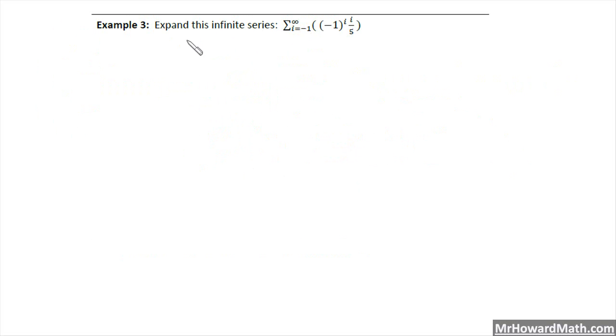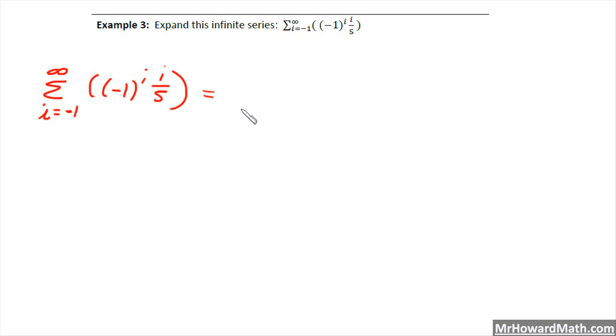Okay, example 3, expand this infinite series starting with an index value of -1 going to infinity. Alright, so let's rewrite this with everything written where it should be, and our rule is -1 raised to the power of i times i over 5.